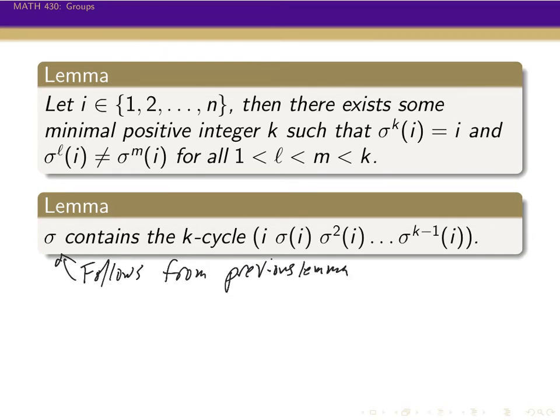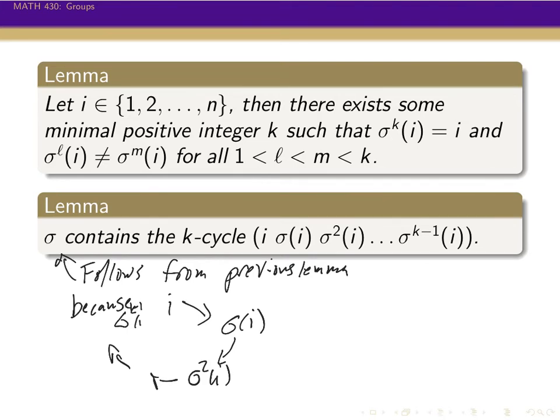It's pretty much from the definition, because i is getting sent to sigma i. Where's sigma i getting sent to? Sigma squared i. And we can just keep this cycle going around until we get to sigma to the k minus 1 of i. Well, sigma to the k of i is i, and so sigma to the k minus 1 of i gets sent to i.